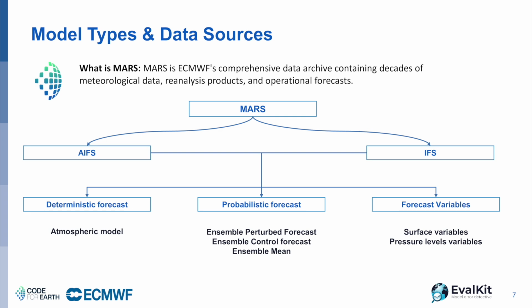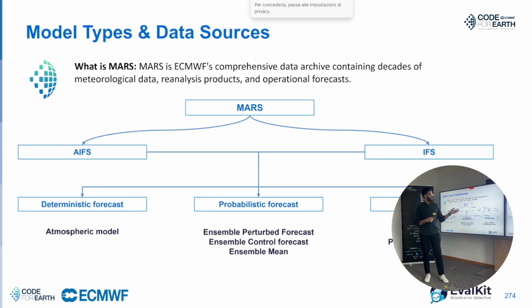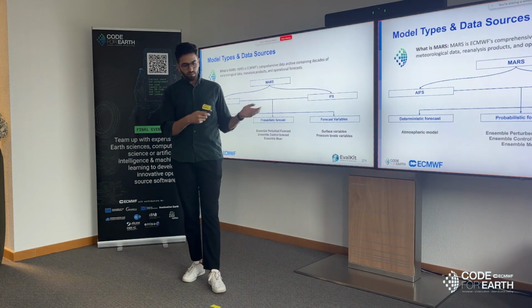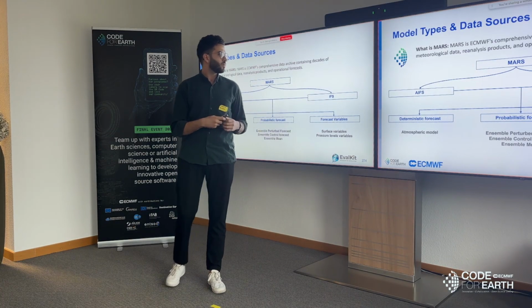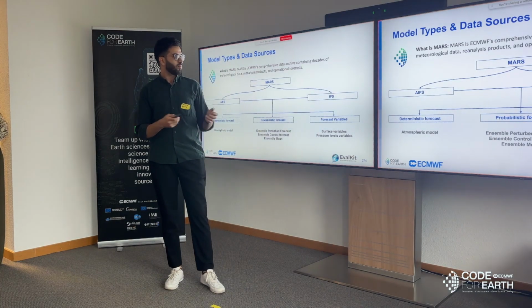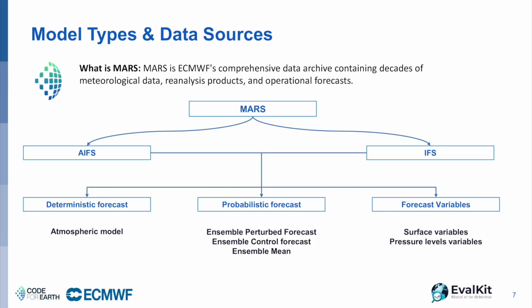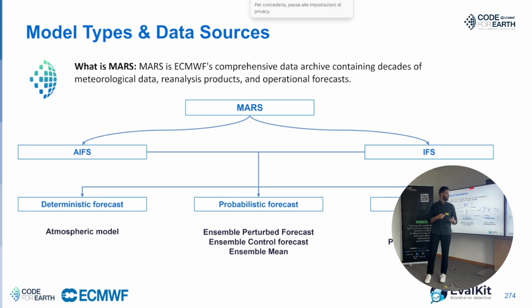For MARS, we mainly used the AIFS model, the Artificial Intelligence Forecast System, which is built on machine learning techniques and is a data-driven model. And the IFS, the Integrated Forecast System, is a physics-based model which includes data assimilation and system modeling.